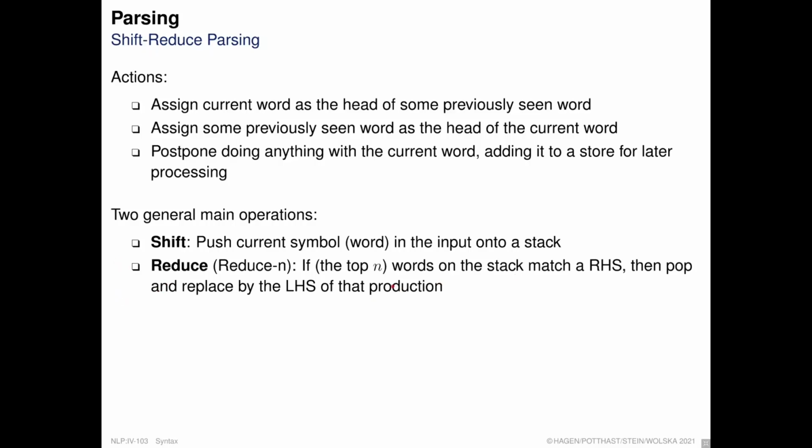So we're reducing if some n words on the stack, we'll be using 2 words, match some right-hand side of the rule, then we will pop those words and replace them with the left-hand side of the respective production. So if something on the stack matches some right-hand side of a rule, we will replace it with that left-hand side and pop it from the stack. In that sense, it's reducing because the left-hand side will be of smaller complexity than the right-hand side.